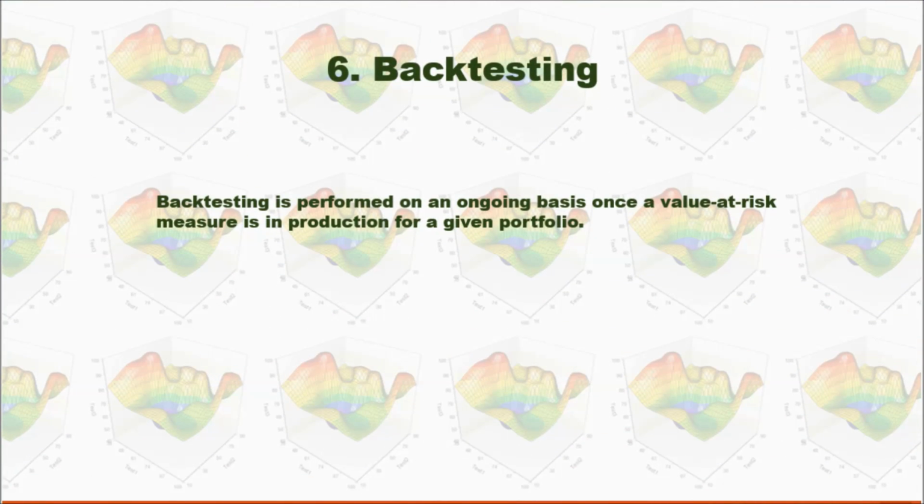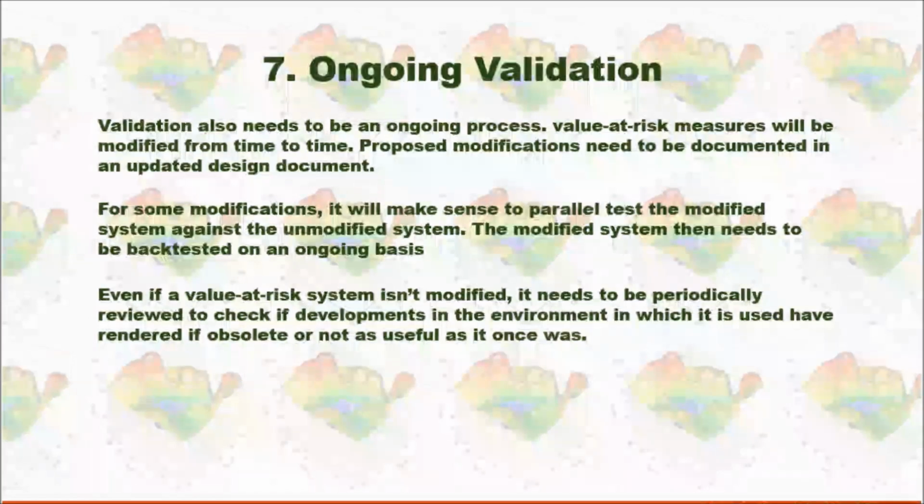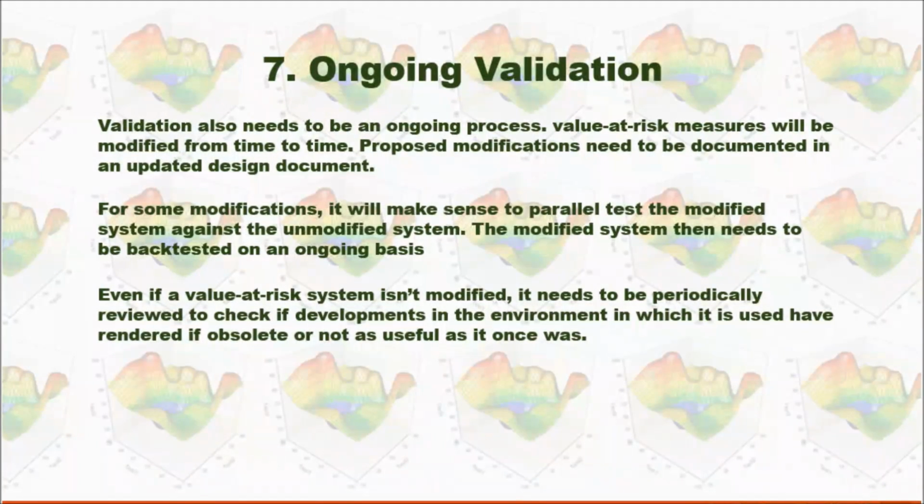6. Backtesting. Backtesting is performed on an ongoing basis once a value at risk measure is in production for a given portfolio. 7. Ongoing validation. Validation also needs to be an ongoing process.